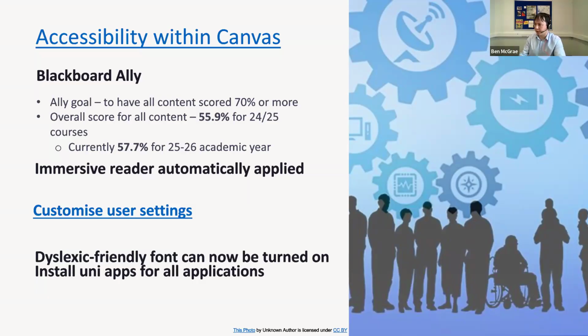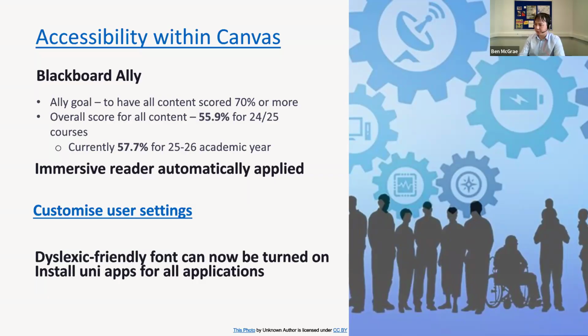But if you are meeting them, then it increases. Last year, we were meeting a score of 55.9% across all courses, and that has now jumped up a little bit to 57.7%. So we are getting there. Ideally, as an accessibility working group, we want to get course content up to at least 70% or more, but it's a slow battle, getting there in terms of small wins.